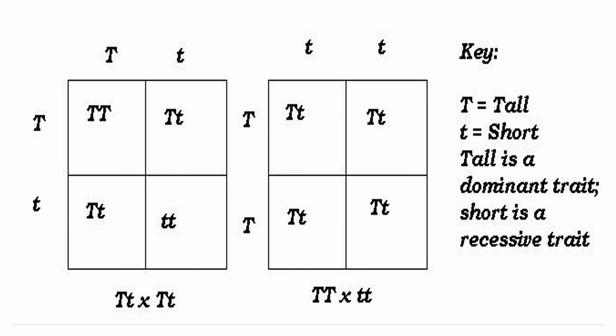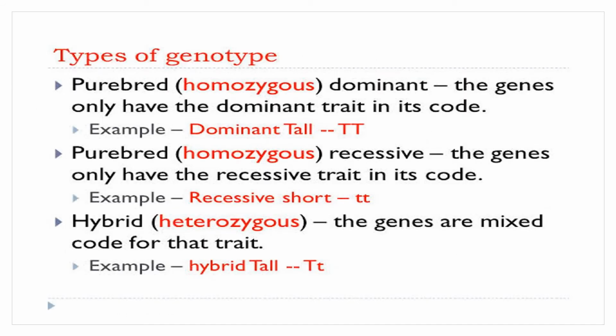The small letter t means short. Tall is the dominant trait, and the short, the small letter t, is the recessive trait. Now let's proceed to the types of genotype. The genotype and the phenotype, again, you will encounter later on in our next few slides.